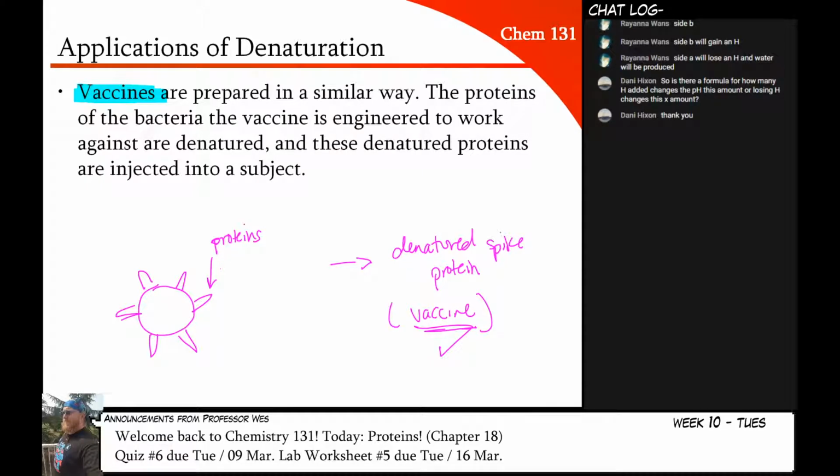Then when it sees it over here, it's like, oh, I know what to do. Boop. And you're rendered immune. Or at least resistant. So this is the premise by how vaccines work. Vaccines are really effective because they are denatured viruses or bacteria. And so it's a template that your body can work with.